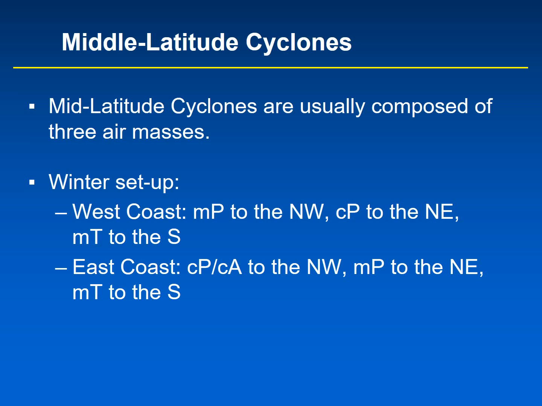Now, the reason that mid-latitude cyclones over the west coast in wintertime have maritime polar air to the northwest is because that's behind the cold front, and remember that weather in the mid-latitudes moves from west to east. So the mid-latitude cyclones moving over the west coast are generally from over the Pacific Ocean.